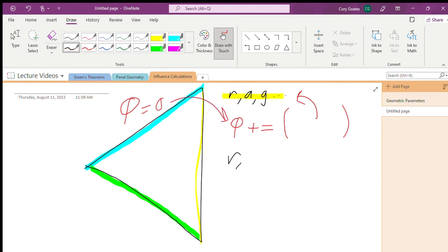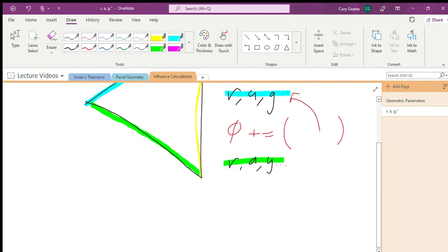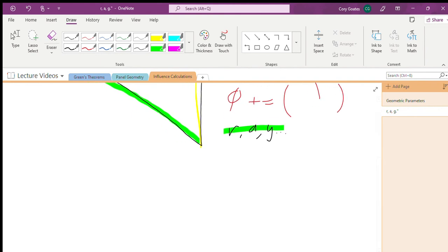We'll calculate R, we'll calculate A, we'll calculate G, and that's for edge 1. And then again, go ahead and tack on the influence of that edge based on these parameters, and then you're going to do the same thing for the final edge. So R, A, G. That's for edge number 2, and then you're going to add that into the influence coefficient, phi plus equals, based on these parameters.